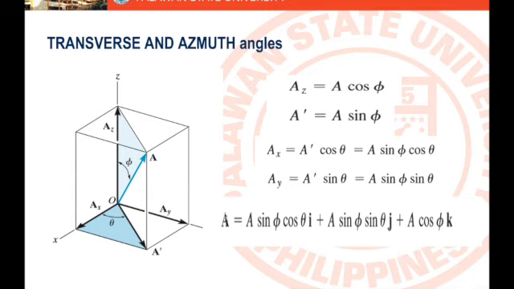And if we want to write our Cartesian vector form in terms of the transverse and azimuth angle, we have A sine phi cosine theta i. That's the x component we expressed earlier, plus A sine phi sine theta j, that is the y component, and the z component is just A cosine of the phi angle k.